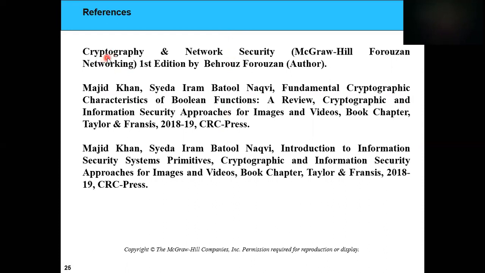The most important one is Cryptography and Network Security by McGraw Hill, the book by Forouzan, and then another book by Taylor and Francis by Dr. Majid Khan and Sayyida Rambatul Naqvi, and then another book chapter from Taylor and Francis, Cryptography and Information Security Approaches for Images and Videos, published by CRC Press in 2018 and 2019.